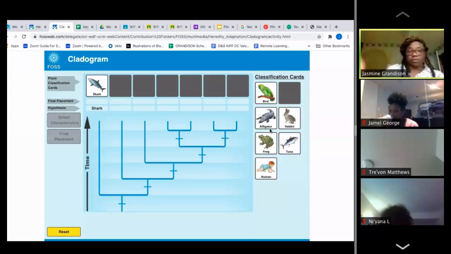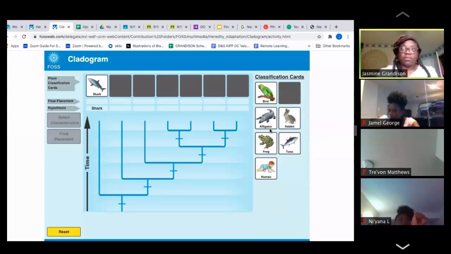It's like an umbrella. Start out with shark because of the vertebrae. Now we got underneath shark. What's the next organism that we would have? We're in that green section on your notes. Question number 2.